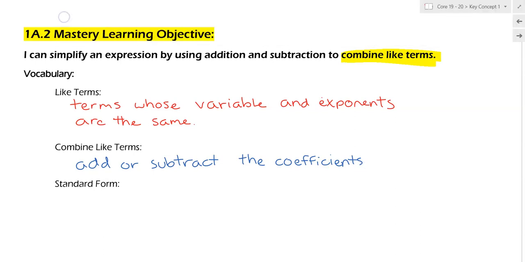As we are combining like terms, we have what we call standard form, and that's just a way for us to know all our answers are the same. So it tells us what order we should add or subtract those terms in.